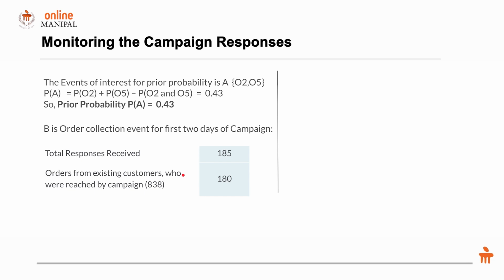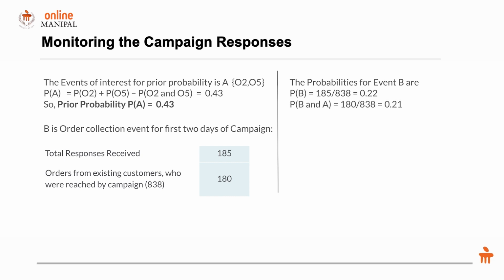Using this information, how can we calculate the posterior probability? Number 1, what would be the probability of event B? Event B would be 185 customers who reached out to us divided by the total number of customers who were outreached, 838. The probability comes out to be 0.22. What would be the probability of B and A, which is the customers whom we had reached and who came back with the order request?